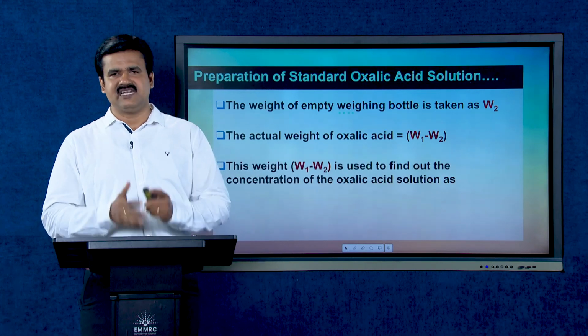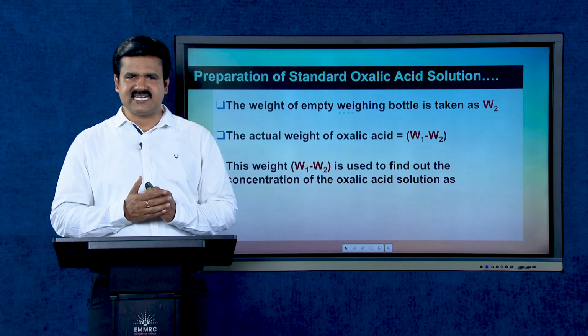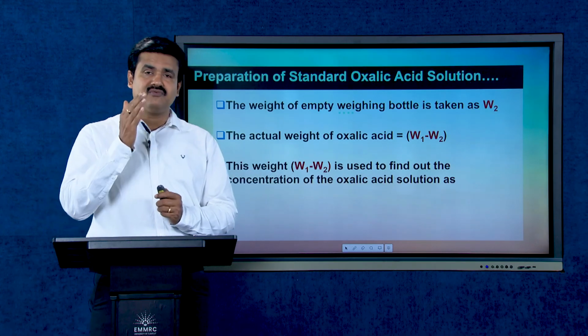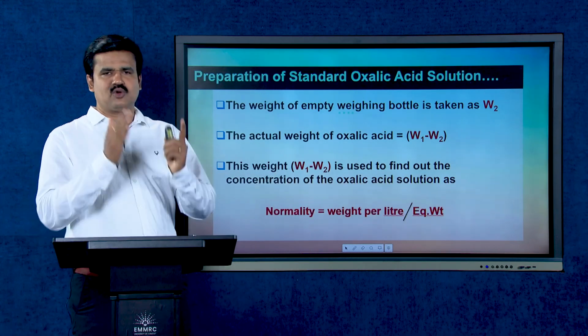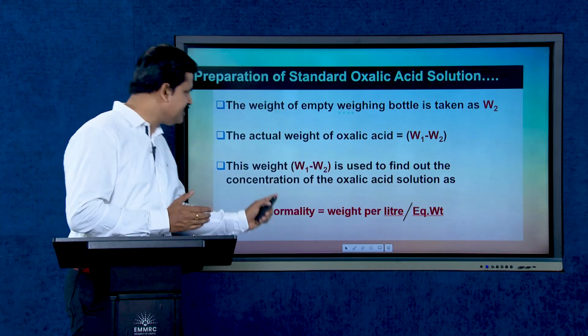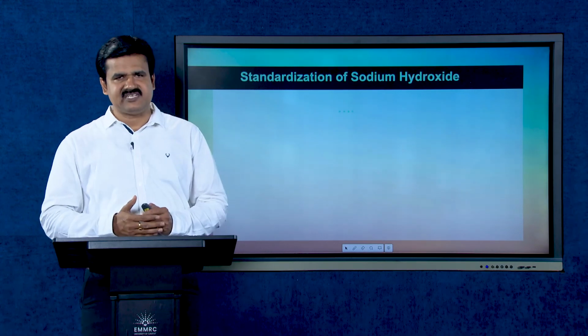This weight, that is W1 minus W2, the weight of oxalic acid you have taken, is used to find out the concentration of oxalic acid solution by using the expression: concentration, which is generally expressed as normality, normality equal to weight per liter divided by equivalent weight.